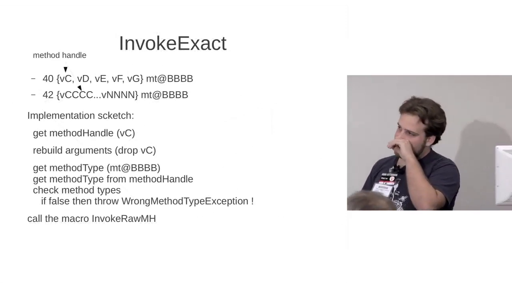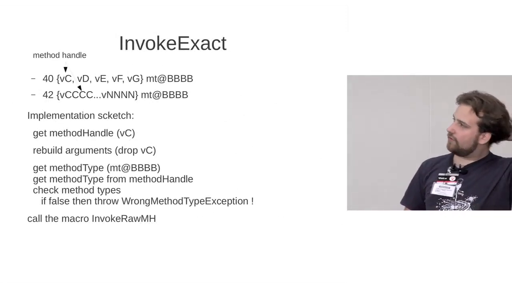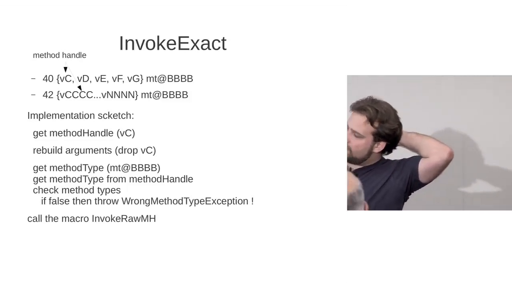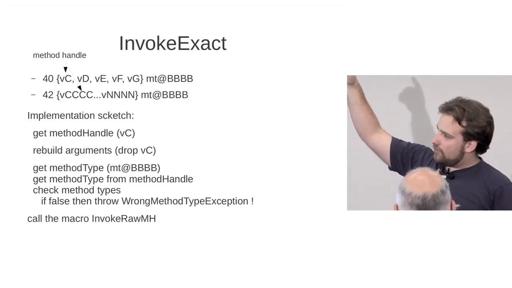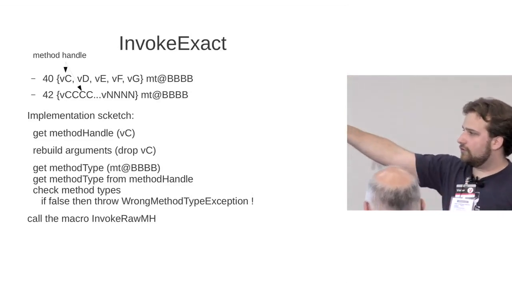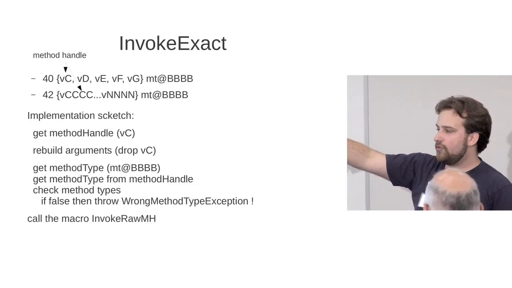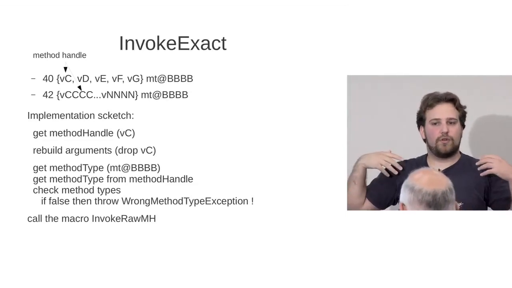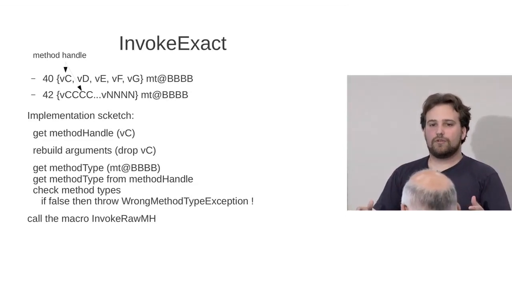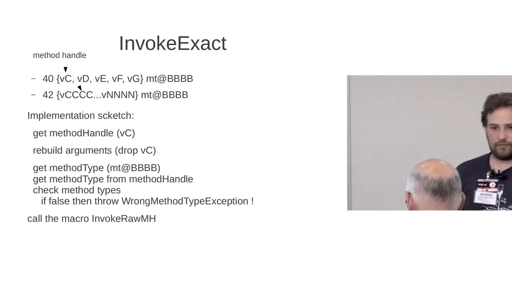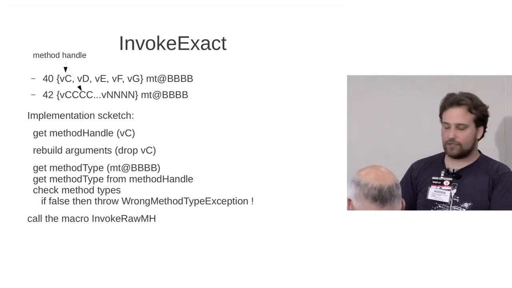Okay, it's a detail of the implementation of Invoke Exact. So the first argument is the MethodHandle. At first, we have to get the MethodHandle, and we have to rebuild the arguments, because we want to reuse the invoke method mechanism of the interpreter.